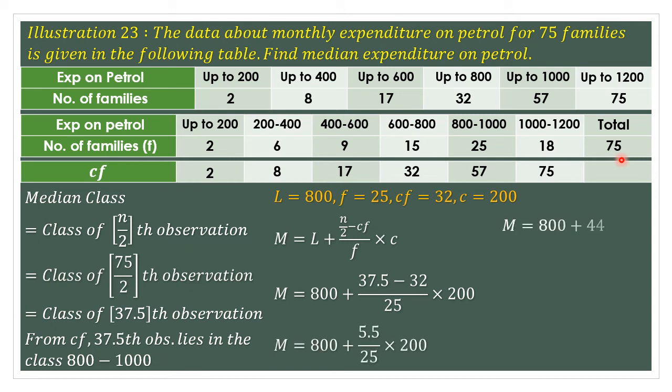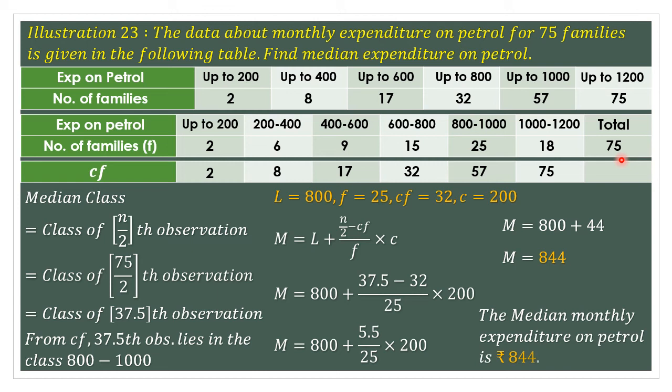Simplifying, 5.5 upon 25 into 200 is 44, and the answer is 844. Writing the statement down, the median monthly expenditure on petrol is rupees 844. Moving on to the last illustration of this particular tutorial.